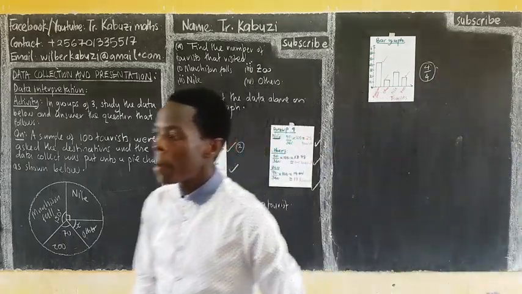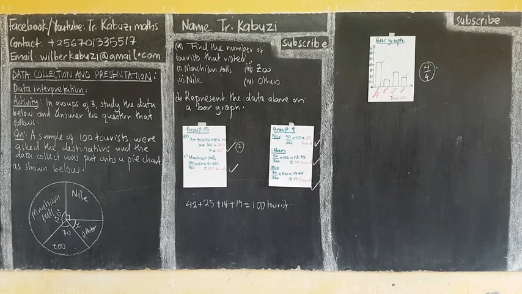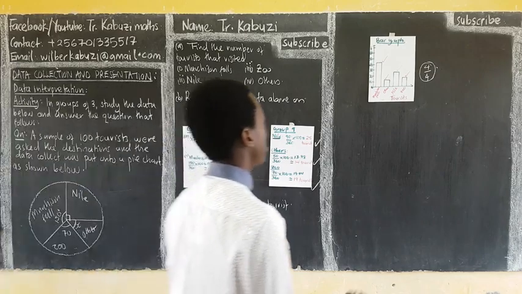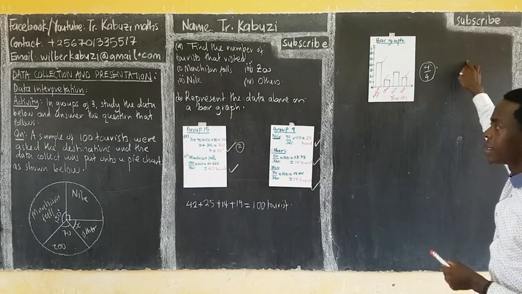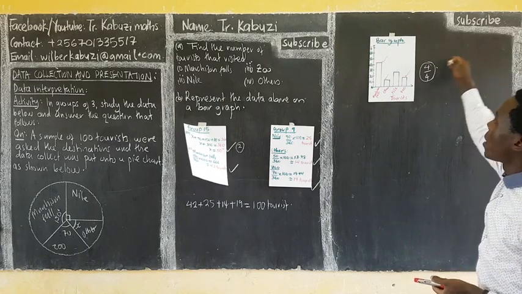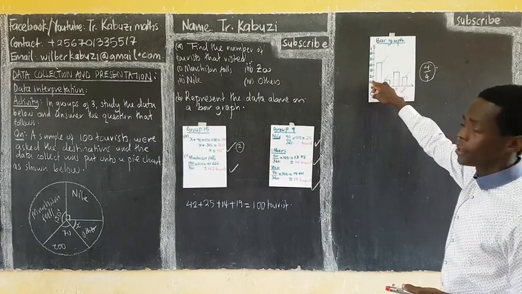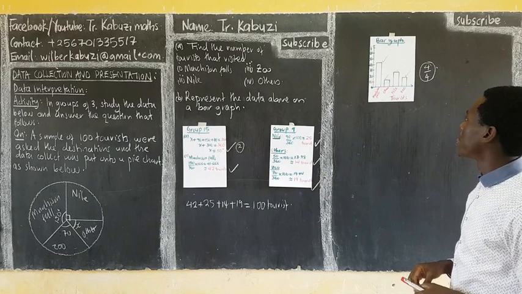Members, I hope everyone can now check and see if the group you have has the same things there. But also here, you see that this graph uses a scale of 2 centimeters for 10. That is okay if you use 2 centimeters for 10.